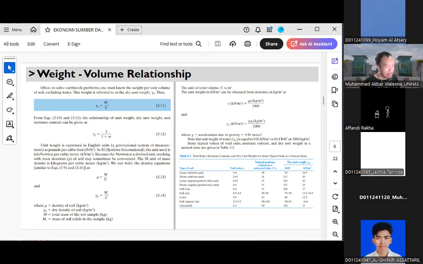To give you an illustration, on construction sites, when we compact soil for roads or embankments, we compare the dry unit weight that we achieve on the site to the maximum possible dry unit weight from the lab test.